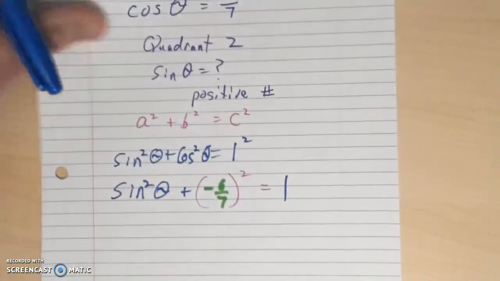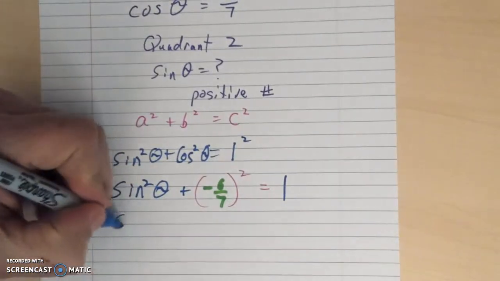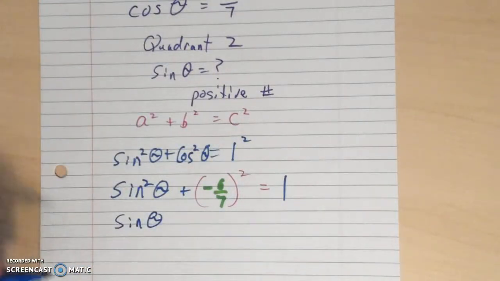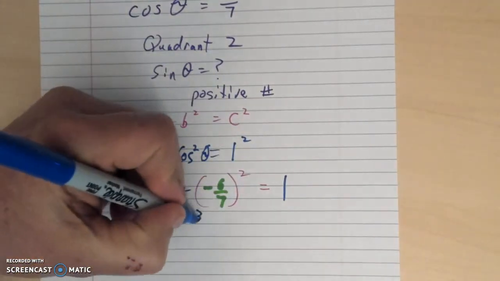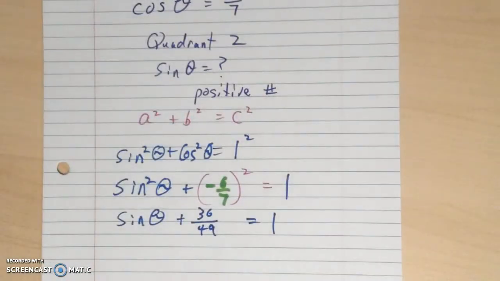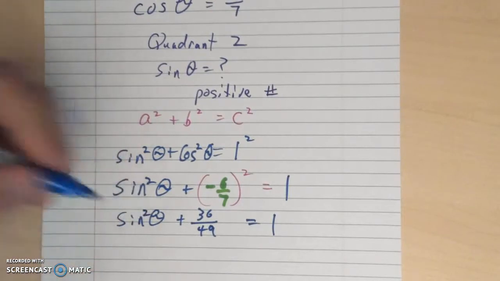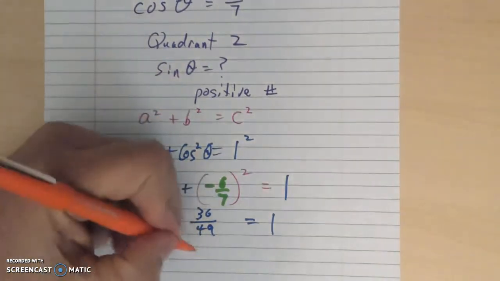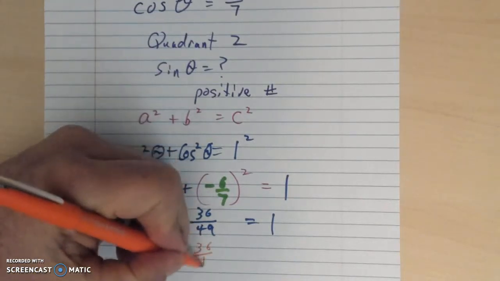Now from here, let's simplify things a little bit. -6/7 squared is going to end up being a positive 36/49, and that still equals 1. So, whoops, this is sine squared theta, by the way. Now, I need to get sine squared theta by itself, and then I can take the square root of both sides. So one way to get rid of that 36 over 49, let's go ahead and subtract 36 49ths.